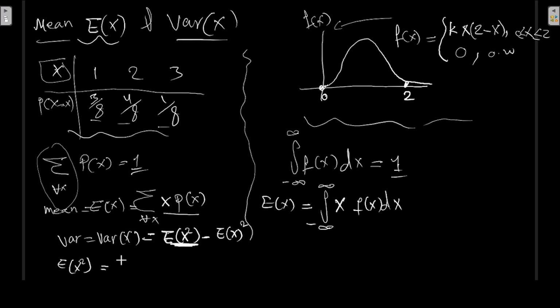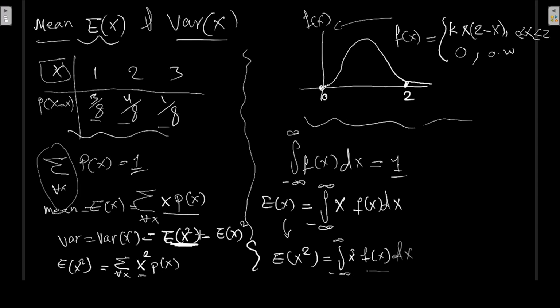It's just equal to the sum for all x, of course, of x squared multiplied by its probability. Well, the same thing I can do here by taking the expected value of x squared, which is equal to the integral from minus infinity to infinity of x squared multiplied by f of x. And the formula here of the variance stays the same for both cases.